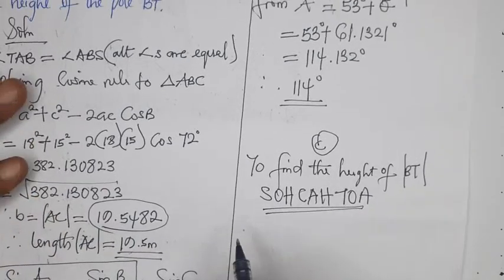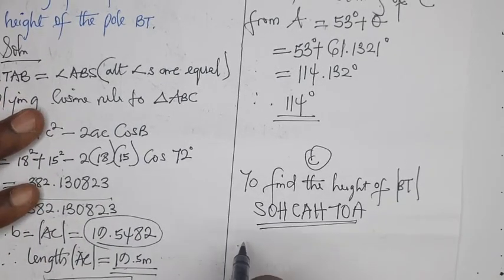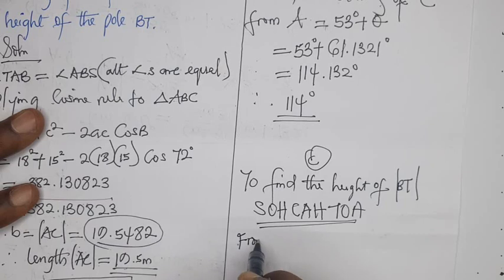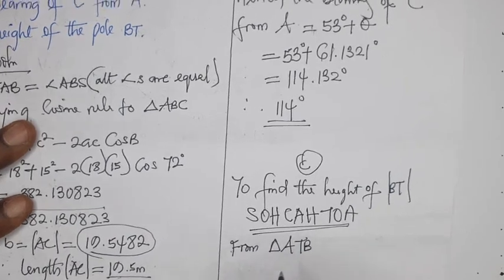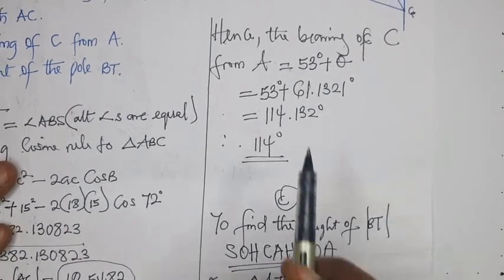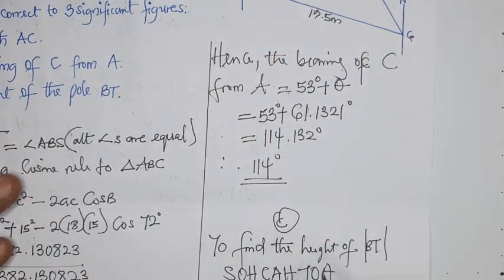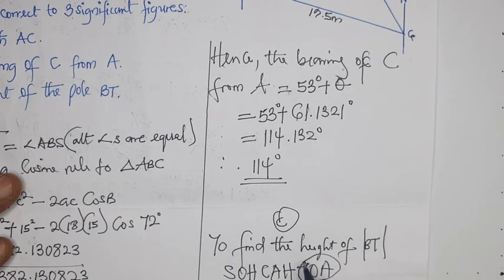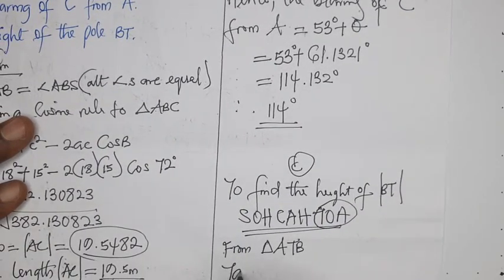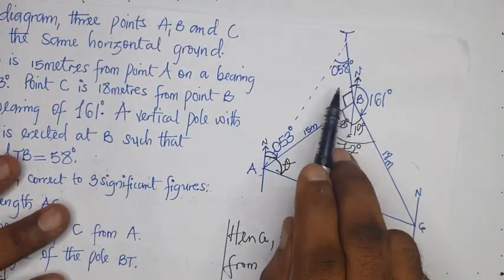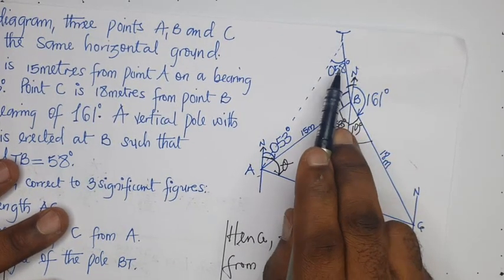So from triangle ATB, I am going to apply SOHCAHTOA, and TOA, which you see here, means tan. So I'm going to say the tan of 58 degrees, tan is standing at T now.